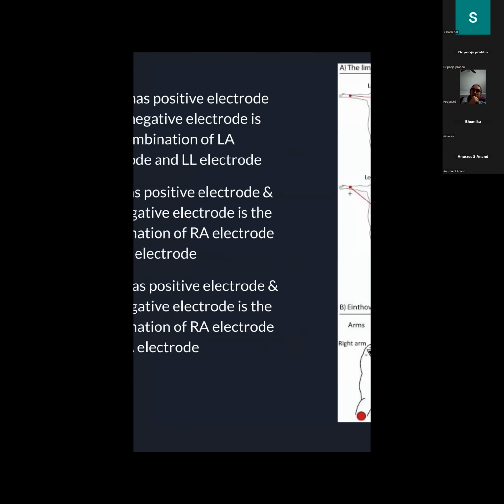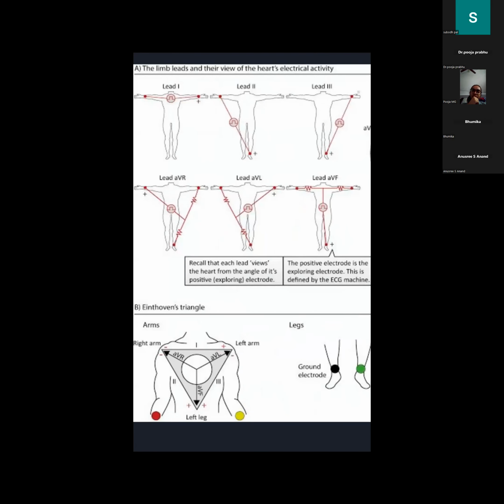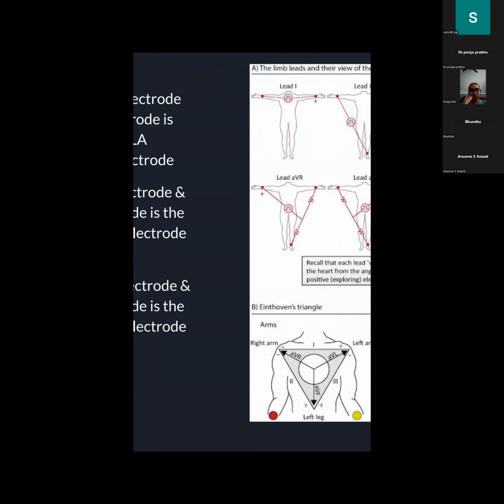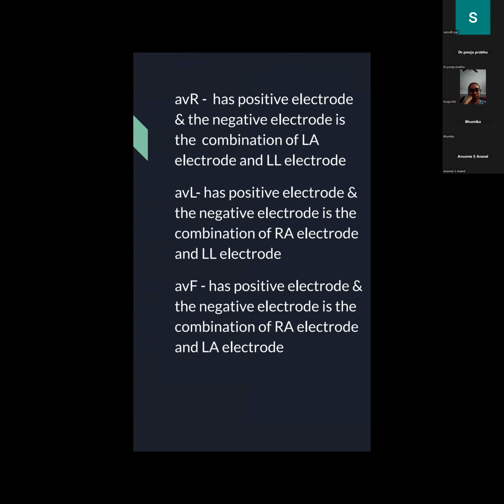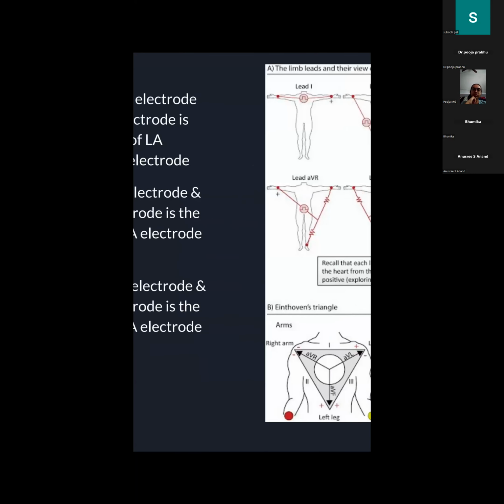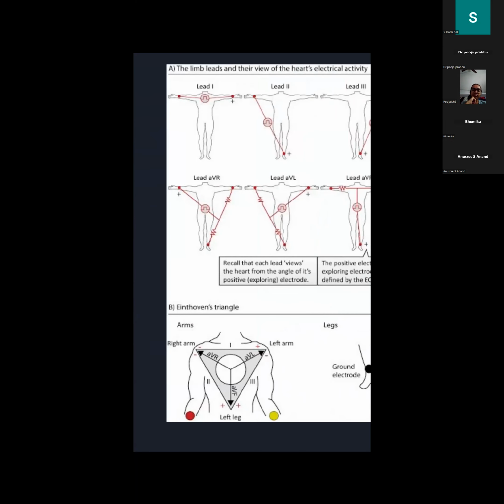I hope you are able to see the diagram. Now AVR is the positive electrode, and the negative electrode will be the potential difference connected between left arm and left leg. Similarly, if AVL has the positive electrode, then the negative electrode will be the mean potential difference between right arm and left leg.